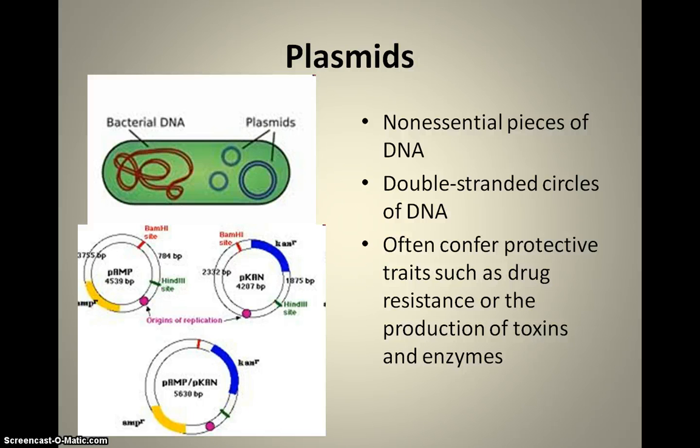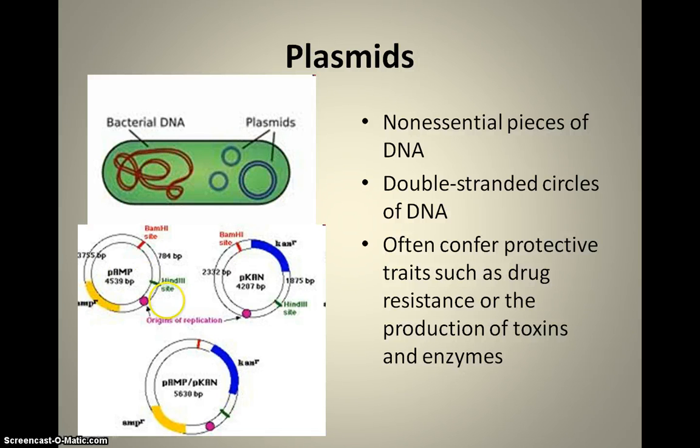Now, this plasmid can be transported from one bacteria to another through the process of conjugation using the pili that we talked about previously in the lecture. Not all bacteria can do this, but some can pass their plasmid from one bacteria to another, and this is how antibiotic resistance can then spread within a population.